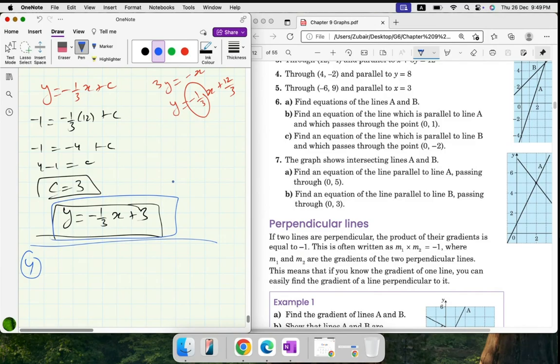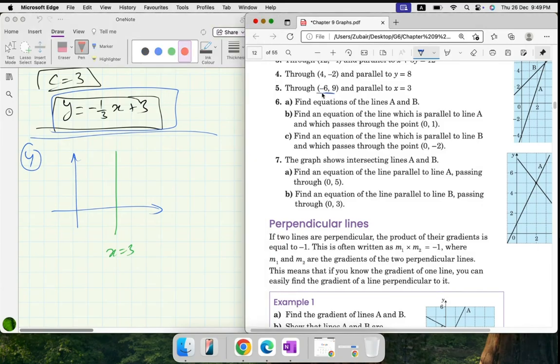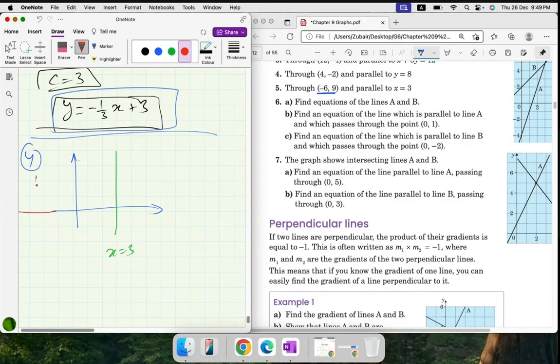So it should be a vertical line. x is equal to 3 would look like this. So if it passes through x minus 6 and y 9, it should be a vertical line passing through x minus 6. And definitely some point in this line would be minus 6 comma 9. So the equation is x is equal to minus 6.